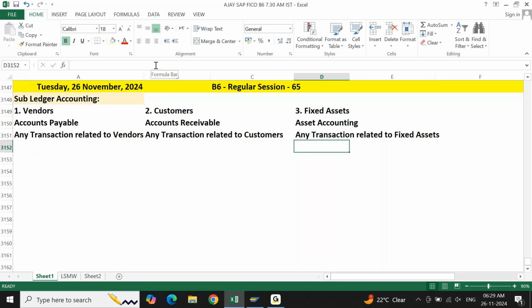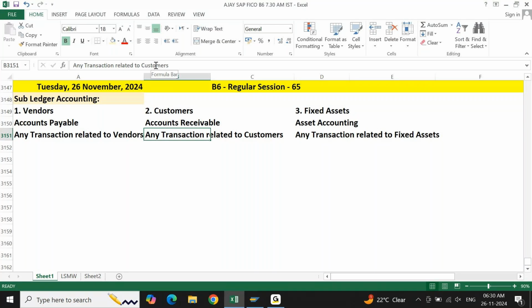If you find vendor account in any transaction, either vendor debited or vendor credited, it is part of your subledger accounts payable. Similarly, you find any customer anywhere in any transaction, either debited or credited, your customer account is part of accounts receivable subledger posting.